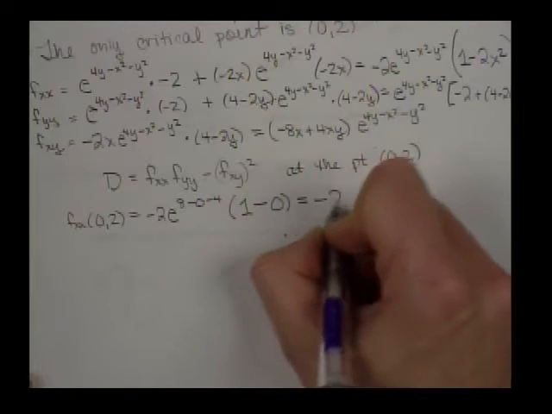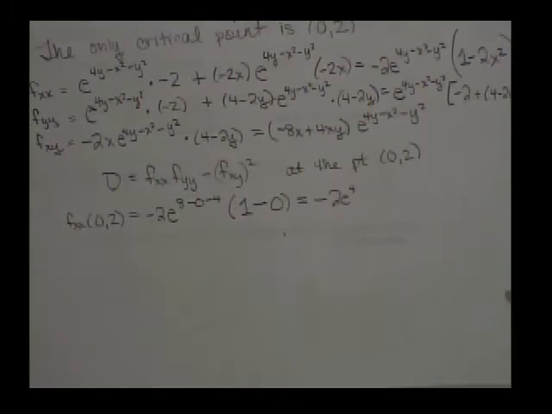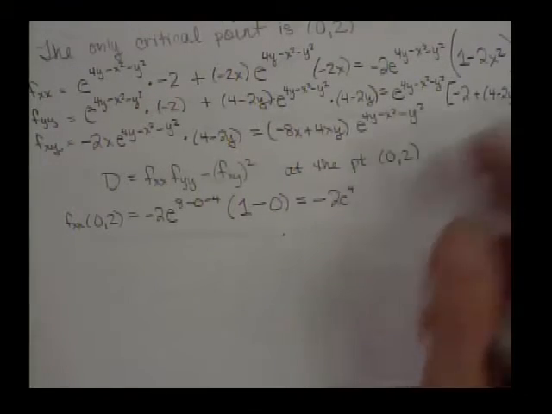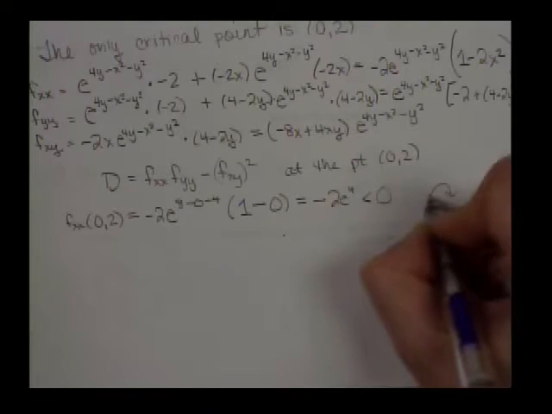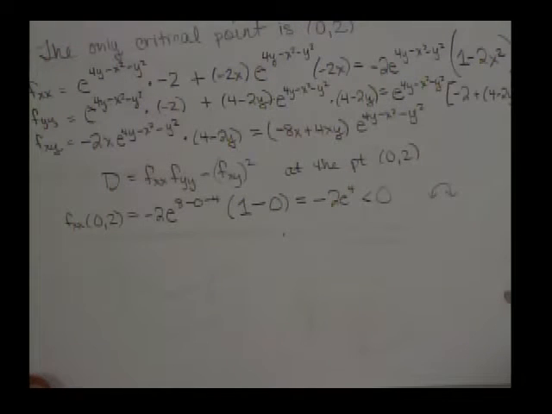So we have negative 2e to the 4th. And is that positive or negative? Negative. e to the 4th is positive times negative 2. So what this means is it's concave down in the x direction. So it's either going to be a local max or a saddle point.